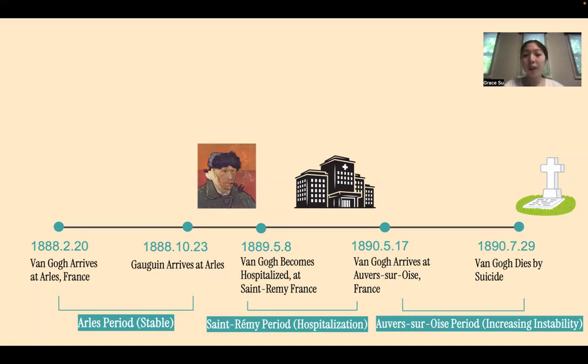After a while, he left the mental asylum in Saint-Rémy to go to Auvers-sur-Oise, where he was monitored by a doctor, but was able to live freely until he died by suicide on July 29th, 1890. So this is why I split the periods accordingly: the Arles period, the Saint-Rémy period, and the Auvers-sur-Oise period, each representing the general location of where he was and his mental instability.